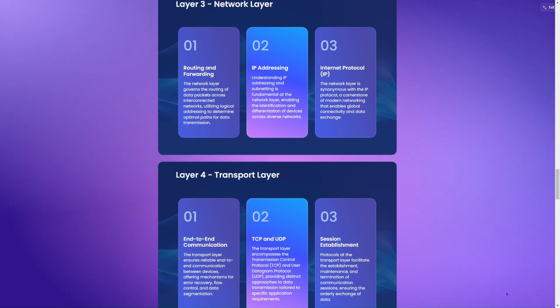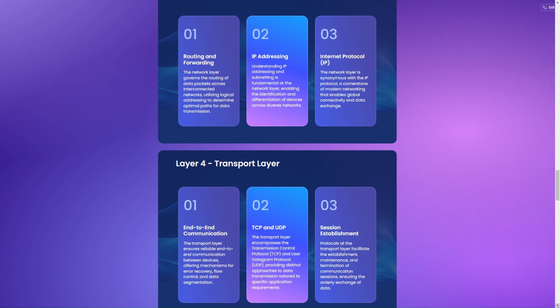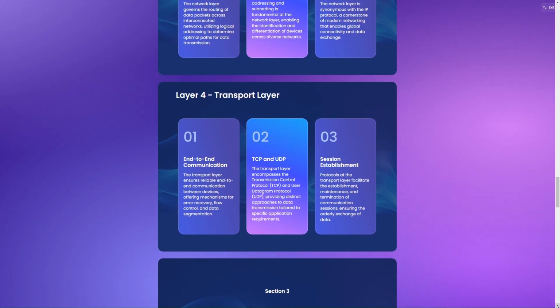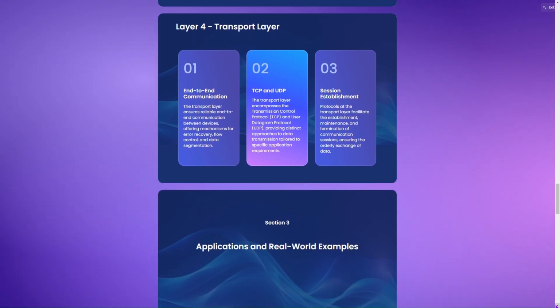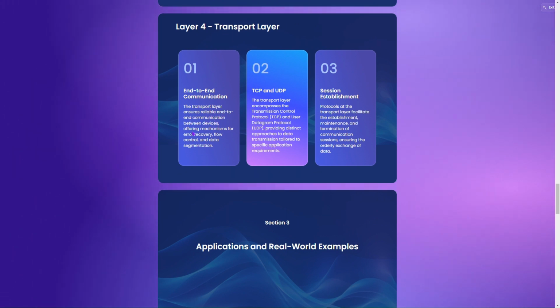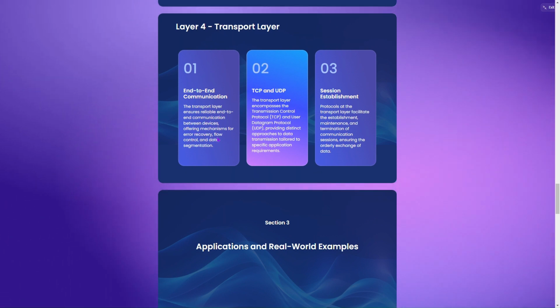Layer 4. Transport layer. 1. End-to-end communication. The transport layer ensures reliable end-to-end communication between devices, offering mechanisms for error recovery, flow control, and data segmentation. 2. TCP and UDP.